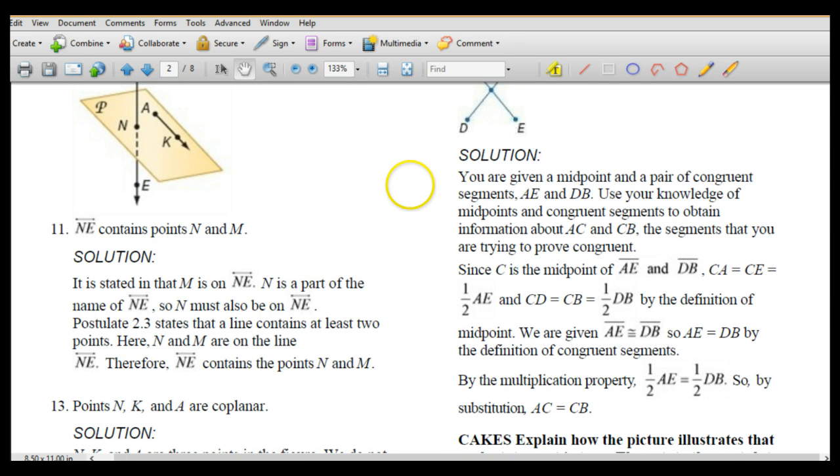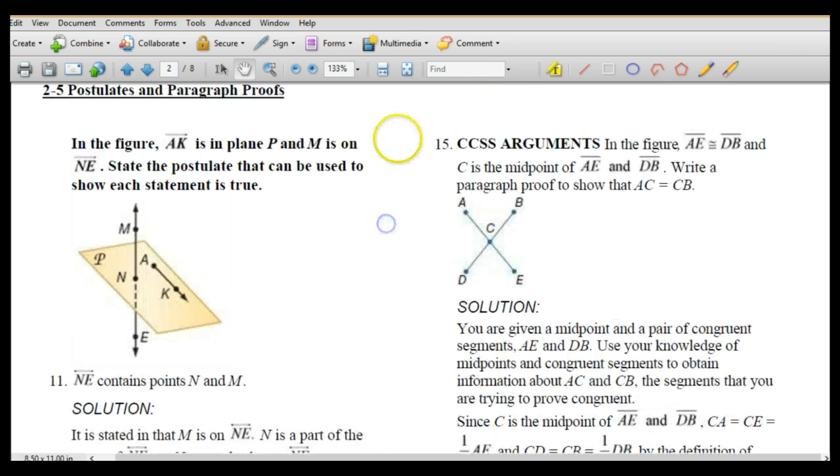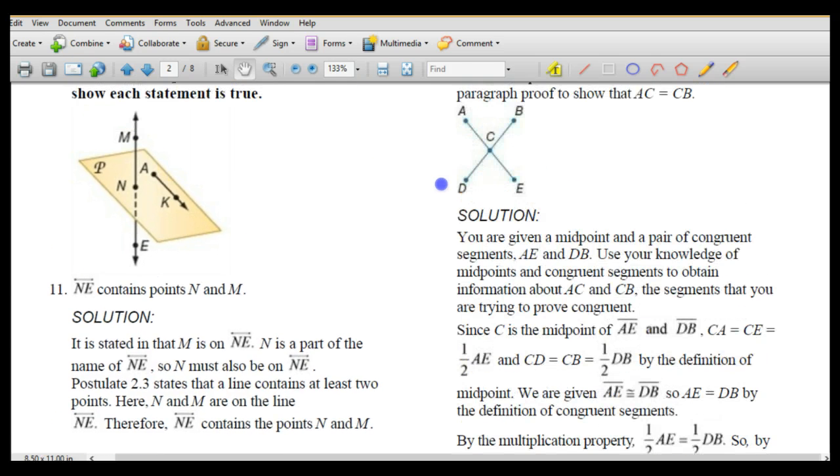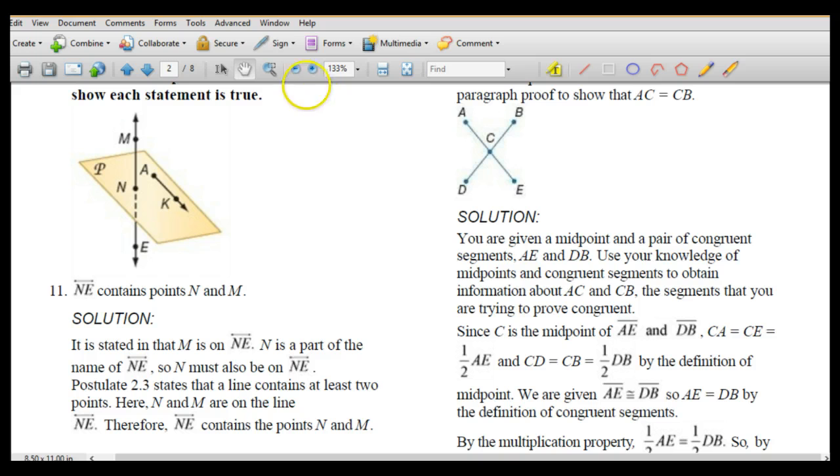So since C is the midpoint of AE and DB, once again, that was stated up here, since we know that, then we can say that CA is equal to CE, because it's smack dab in the middle. And those are each going to equal 1/2 of the entire thing, so half of AE.